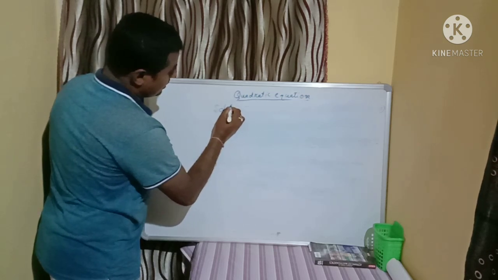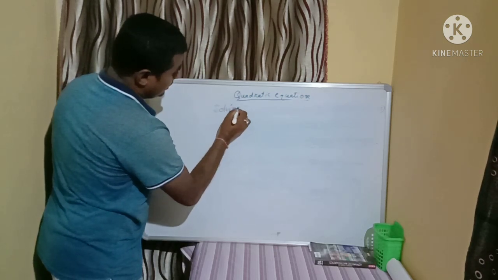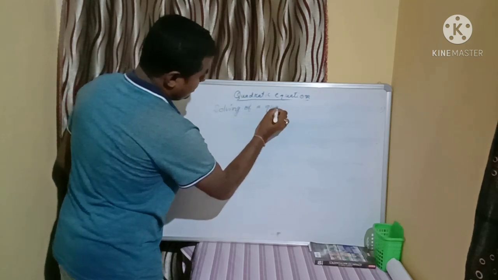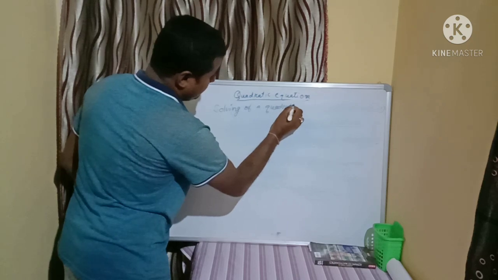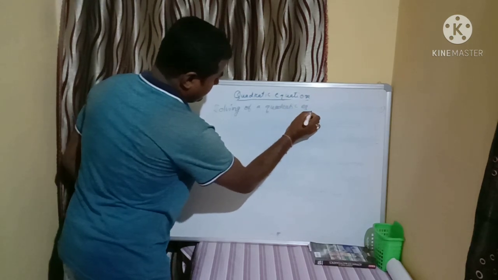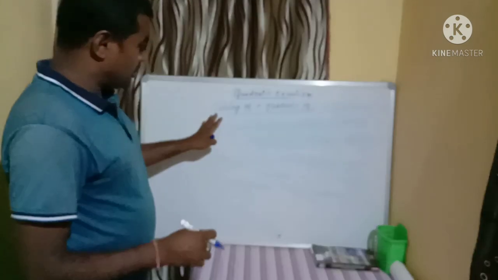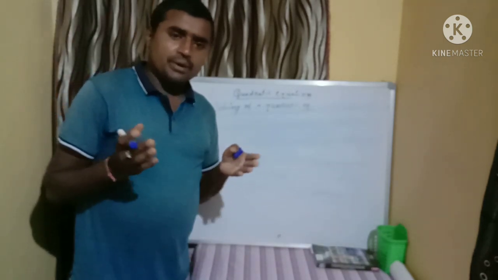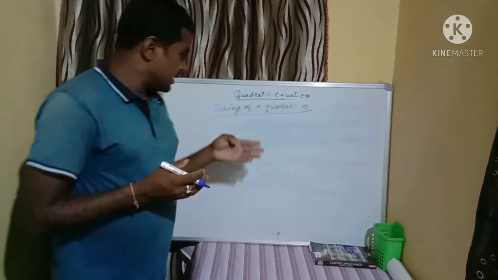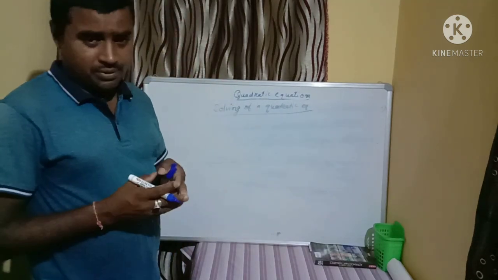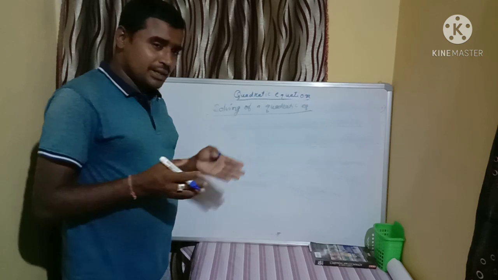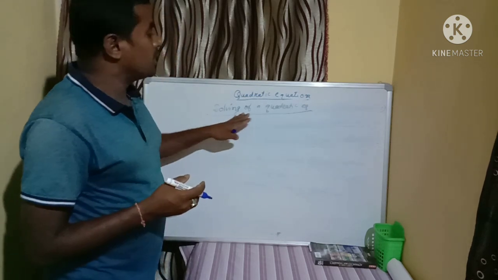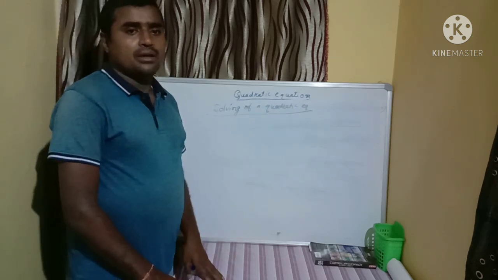Solving of a quadratic equation means finding the value of the variable. Finding the value of the variable of a quadratic equation is called the solving of a quadratic equation.